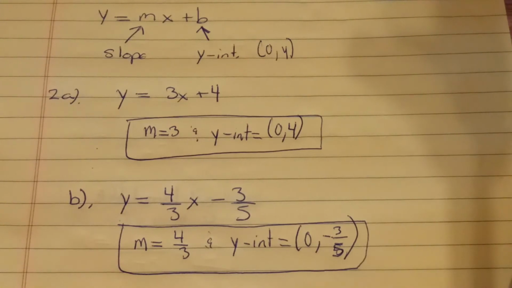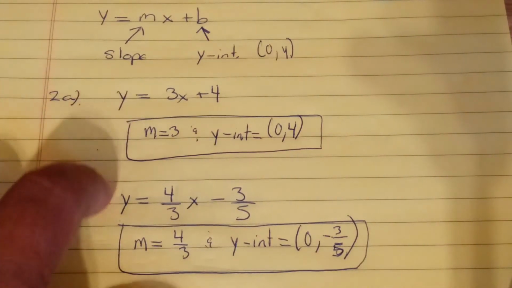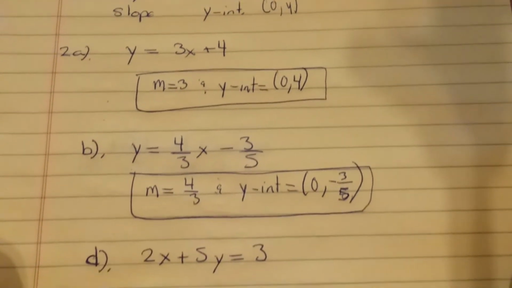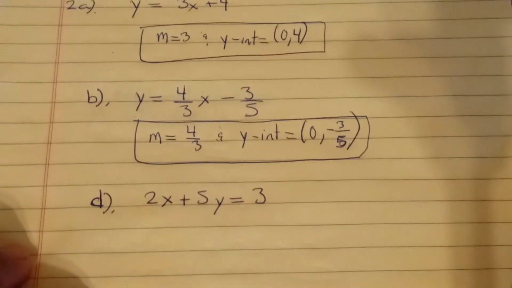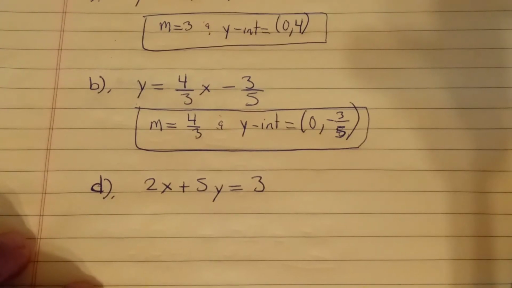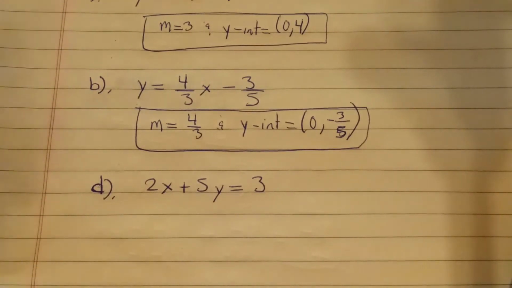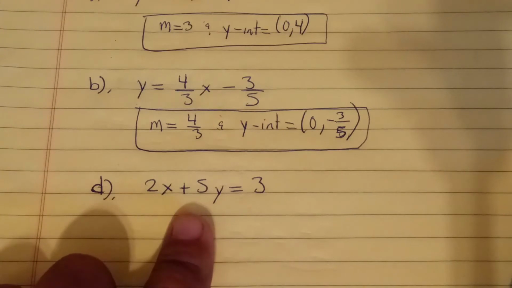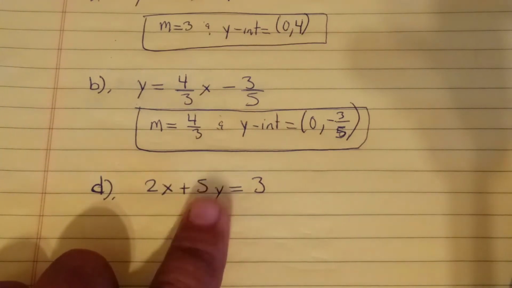Where you have to do a little bit more work is if your equation is not set up equal to y, like we had in this case. So we take a look at D right there. We're going to have to manipulate that equation first so we can set it up into that slope-intercept form, in other words, y = mx + b. So the first thing you want to do is start isolating y.